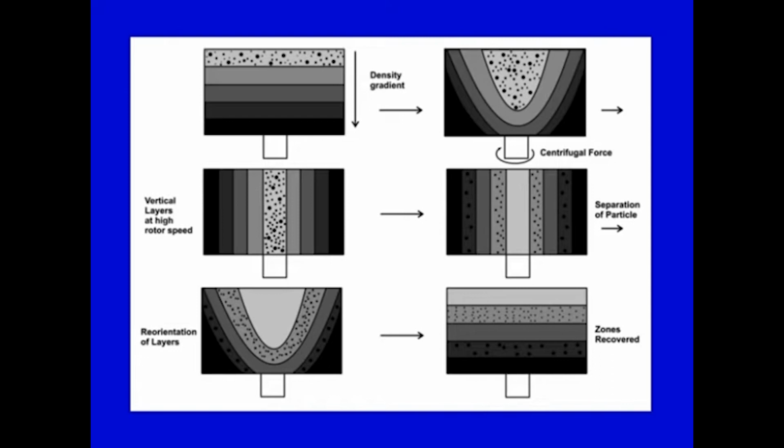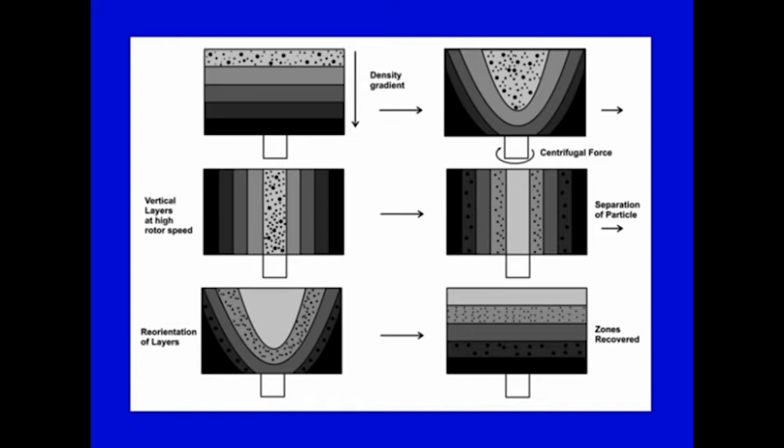Now, as the rotor is started and brought very slowly to 1000 revolutions per minute, you can see the reorientation happening, and the different zones becoming vertical, and at a very high speed, that is the operating speed, they become totally vertical, and then separation takes place.